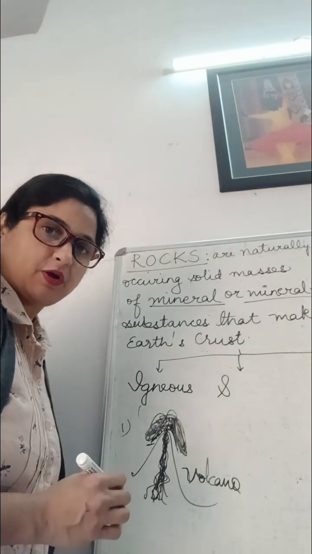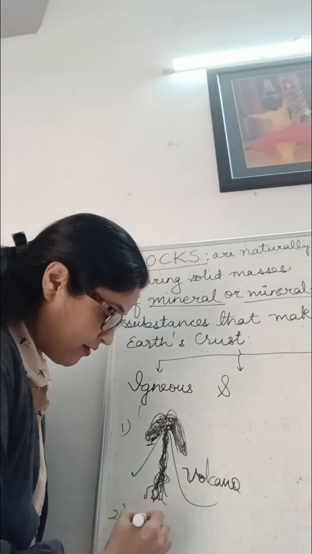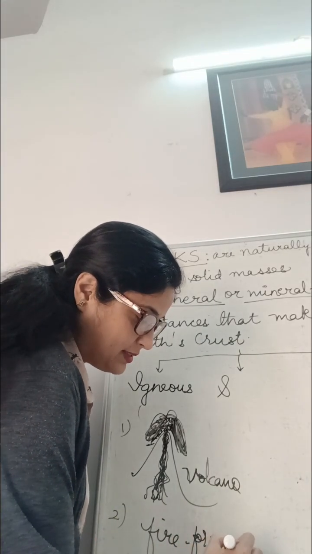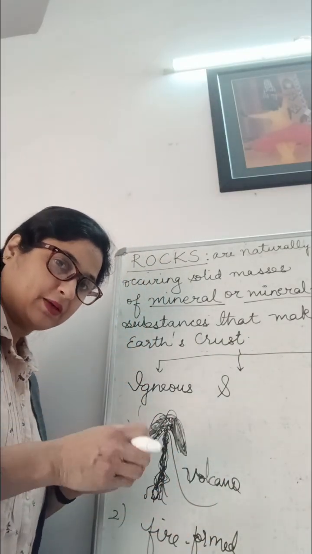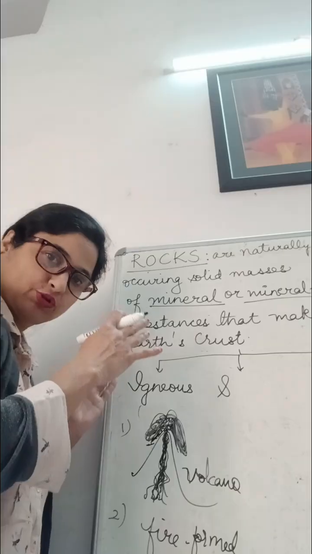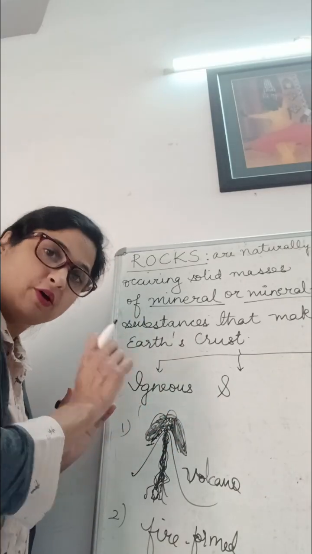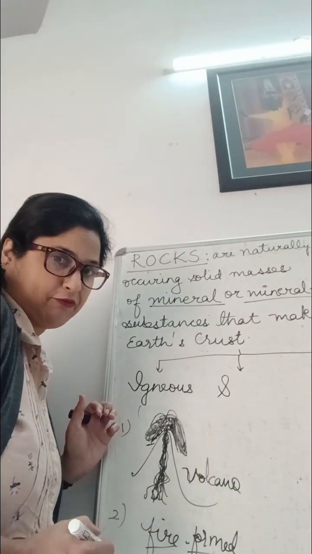Second point, how are these formed? They are fire formed, because as I have explained, whenever hot, liquid molten magma comes out, it solidifies and forms the rock that is called igneous rock. So these are fire formed.